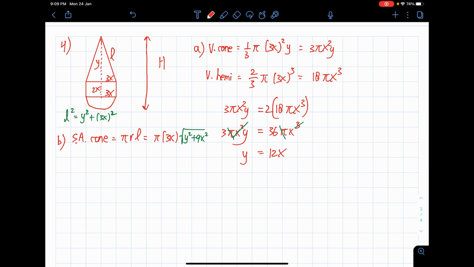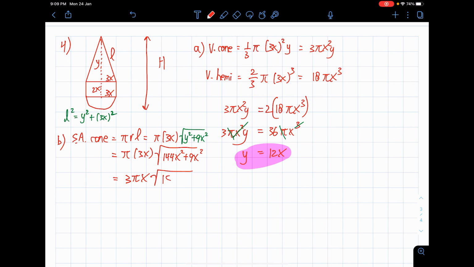Oh wait, I just remembered that earlier we got y is actually 12x. I think that will make it a little bit easier to look at this question. So I'll make everything into x. Y square is therefore 144x square. 3 pi x times the square root of 144 plus 9. What is 144 plus 9? I got 153.